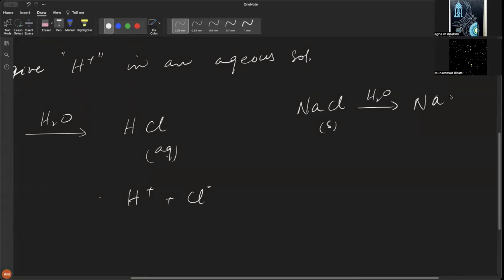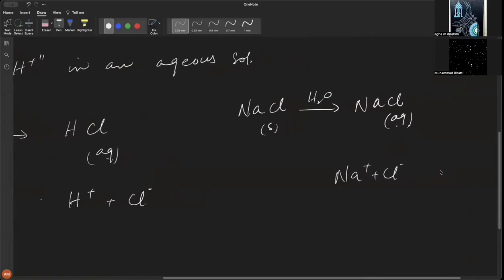You get NaCl aqueous. What does that mean? It means there is water, but the Na and Cl have dissociated into their ions. That is why you cannot see them anymore. And there is water also, which you can see. This is what this statement means.